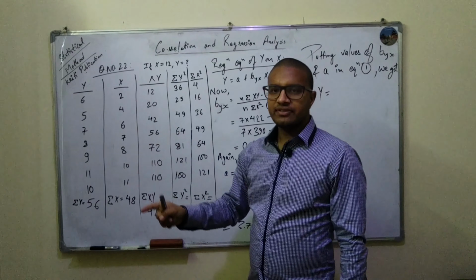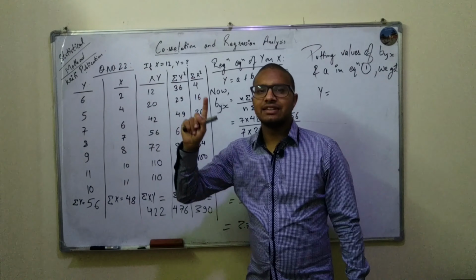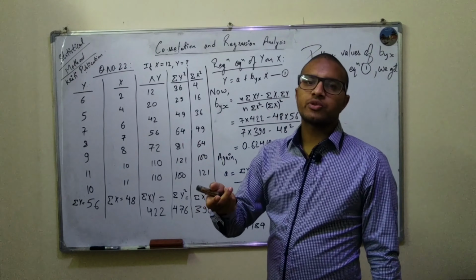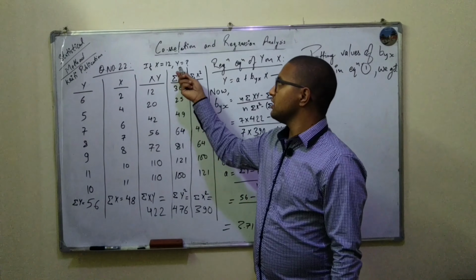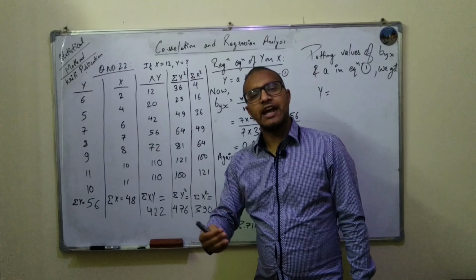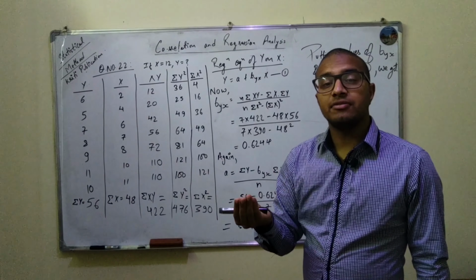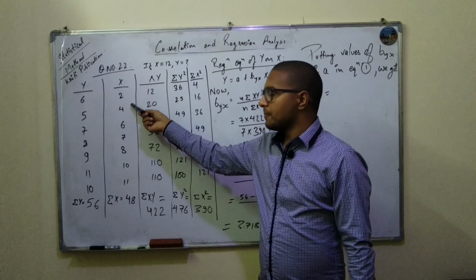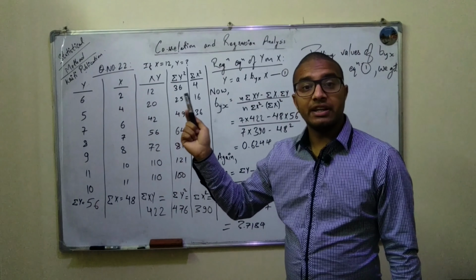The question has even asked, if x, your service year, is 12, what would be your income? The basic thing we can find out using this equation is that we can predict. If we assume that x is something, then we can predict y as well.